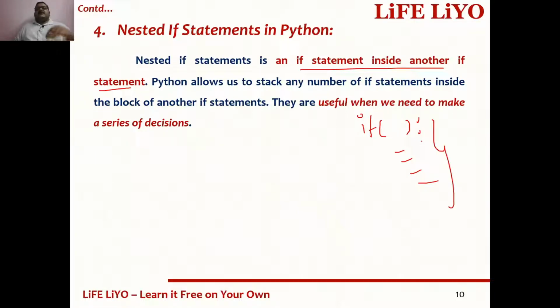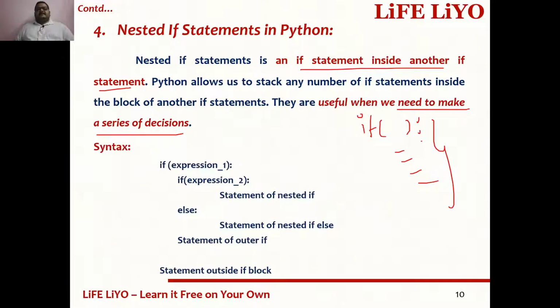That is, one if inside another if statement. They are useful when we need to make a series of decisions, a continuous series of decisions. Then this nested if statement is helpful. This is the syntax. It first checks expression 1. If expression 1 is true, then it checks expression 2.